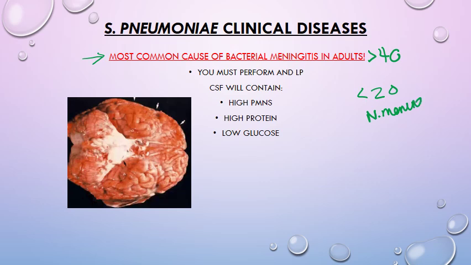If they're infants, then there's a whole different set of organisms, including group B strep or E. coli. But for less than 20, it's N. meningitidis, but older than 40, S. pneumonia is the cause of most bacterial meningitis cases.